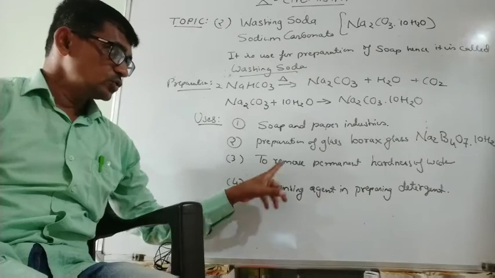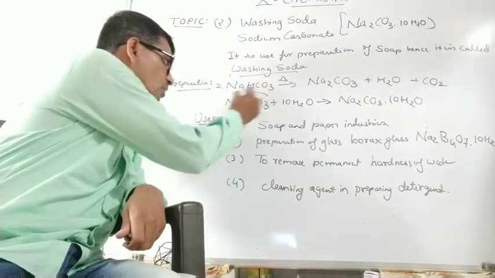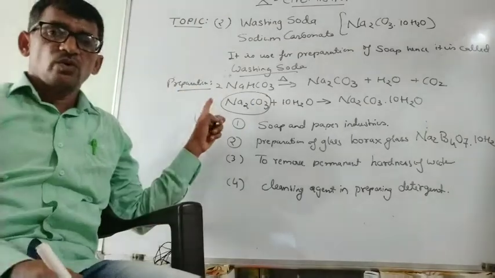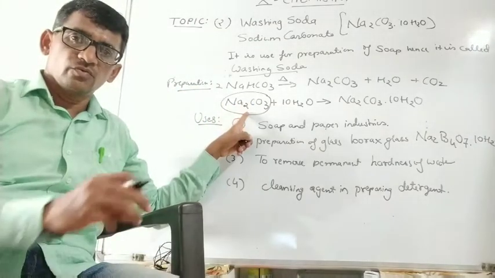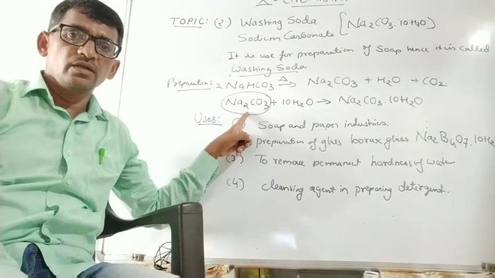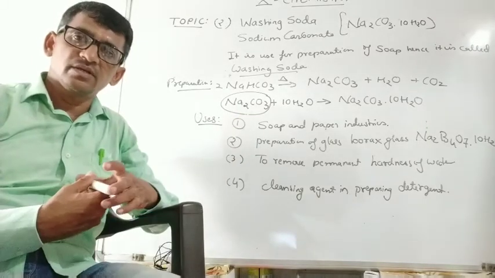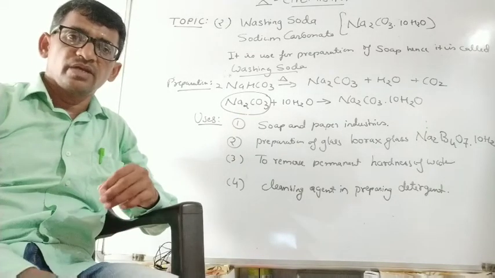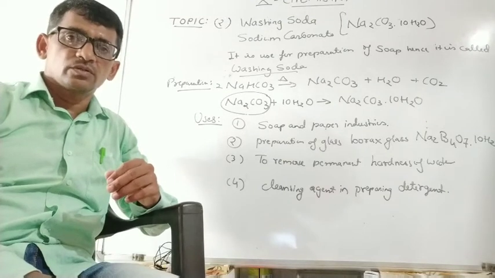Third one, it is used to remove permanent hardness. How can permanent hardness be removed? If you add Na2CO3 powder in hard water containing calcium and magnesium minerals, that water is hard water.